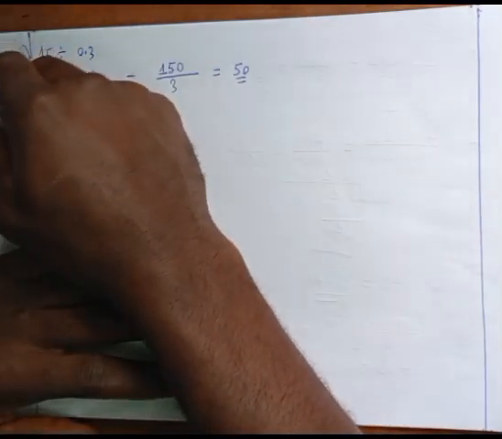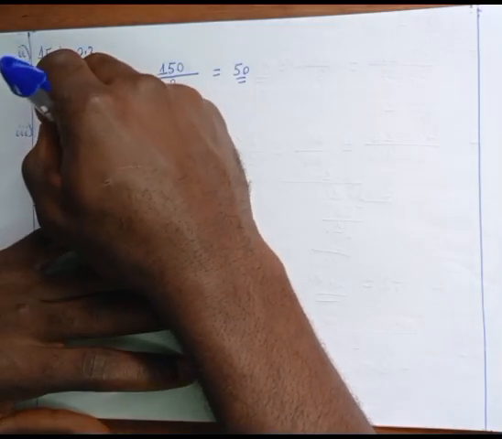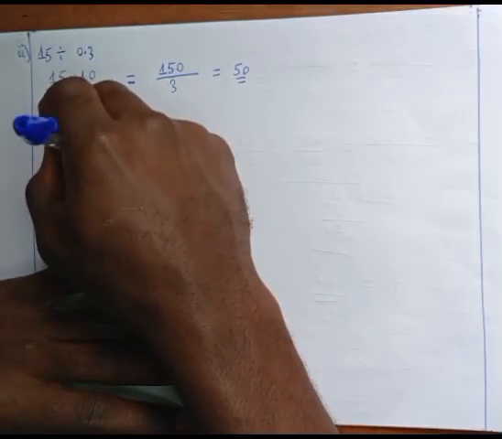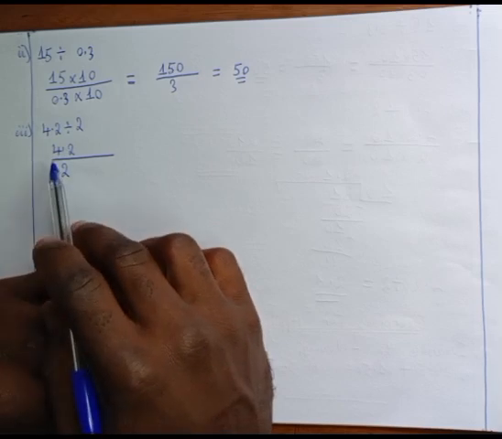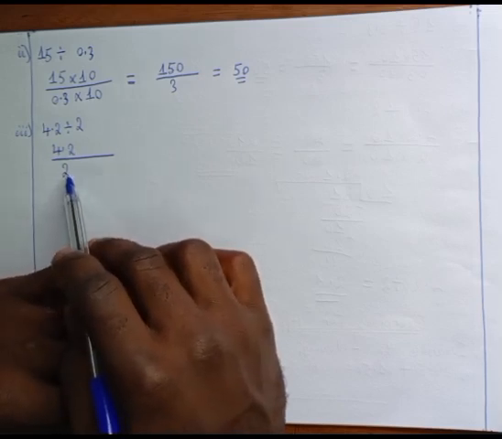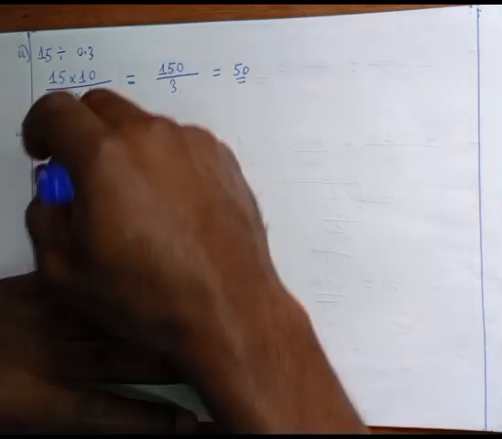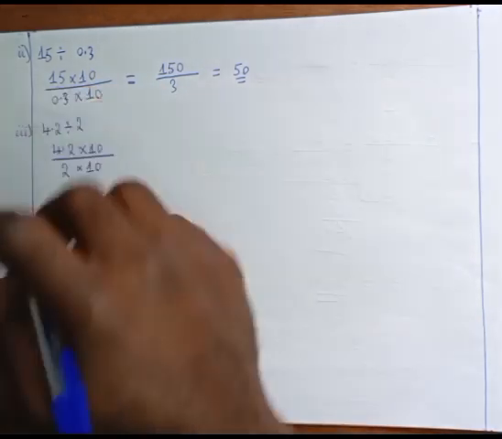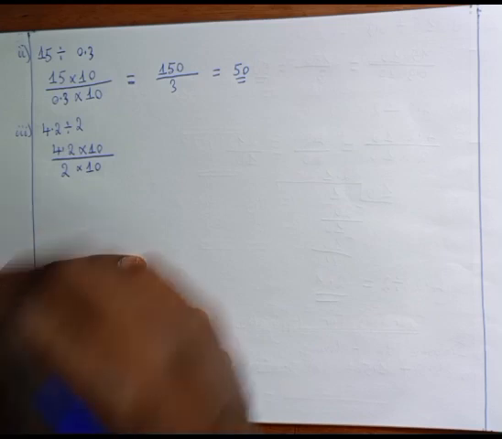We take now 3i. For 3i, we have 4.2 divided by 2. 4.2 over 2. The dividend has 1 decimal place. The divisor has 0 decimal places. We are going to multiply both the dividend and the divisor by 10. We are multiplying by 10 because we want the dividend to be a whole number.